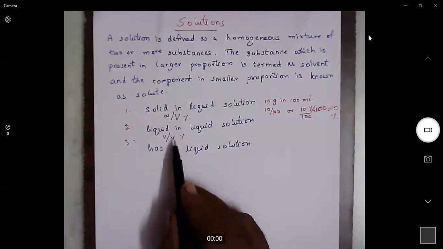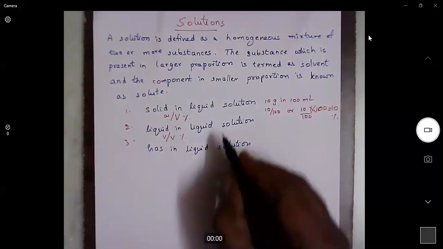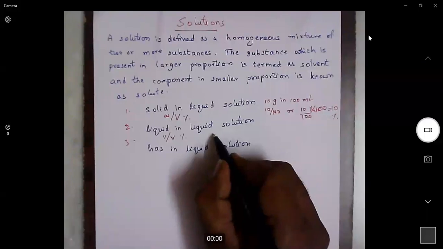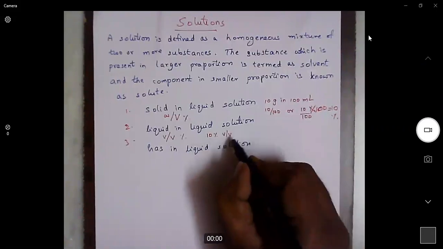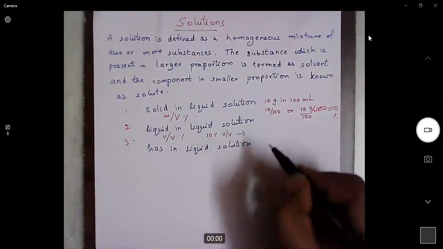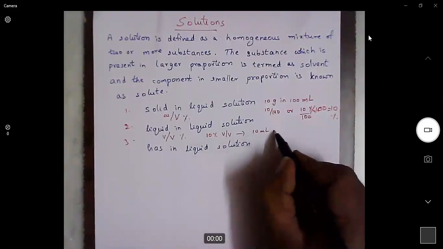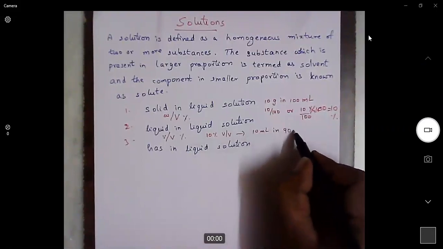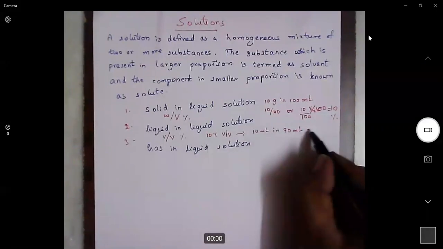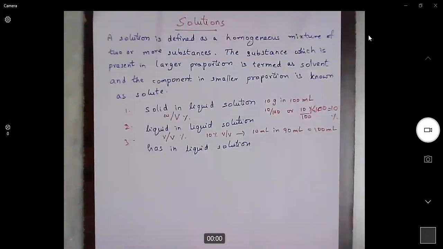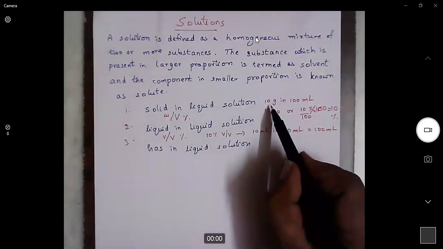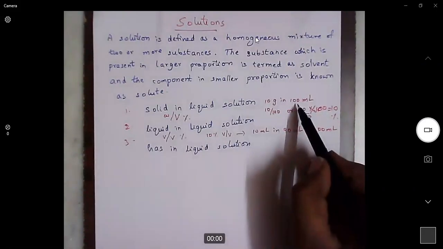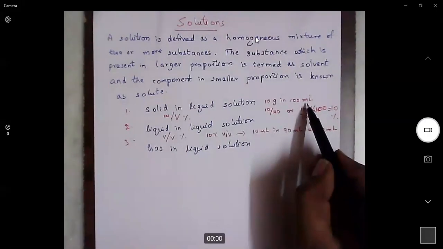Similarly, volume by volume percentage. Say, for example, we want to prepare a 10% volume by volume solution. Then what is this solution? 10 ml of solute in 90 ml of solvent, so that a total of 100 ml will come. It is a little different from weight by volume, where we take 10 grams of solute and dissolve it in 100 ml of the solvent.